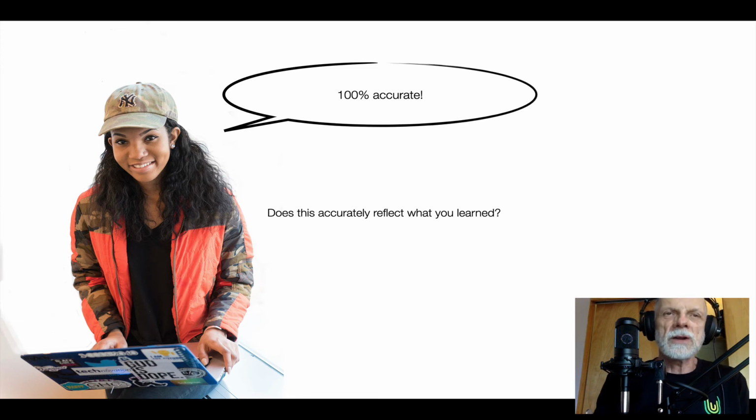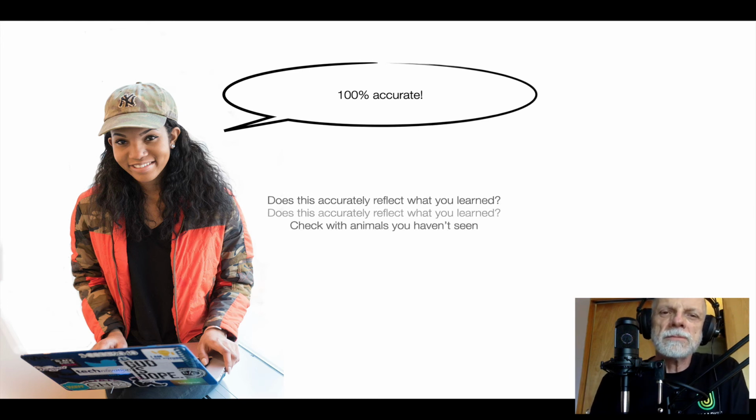The problem was, when I was testing you, I used the same data that I used to train you, to train a classifier. So that seems like, well, maybe that's a mistake. So what I should probably do is check with animals you haven't seen, right? I want to check how good you are in determining X and non-X by stuff you haven't seen before.